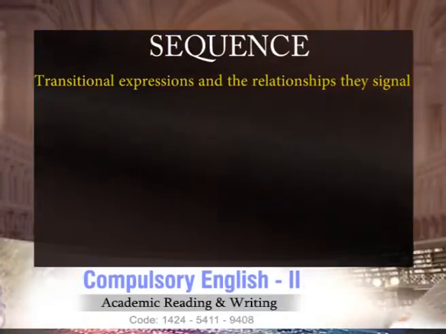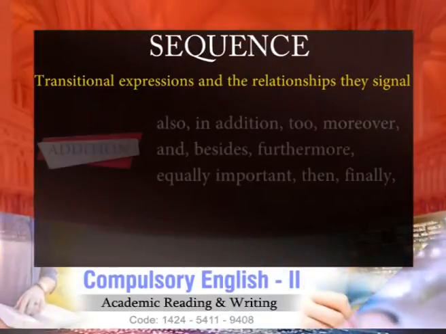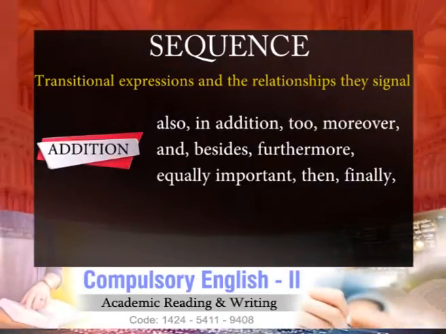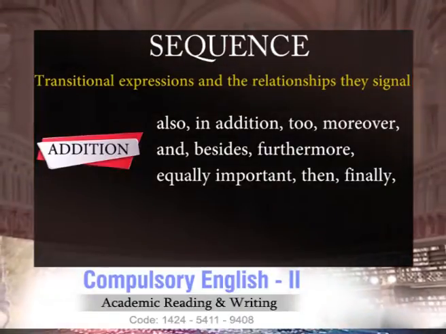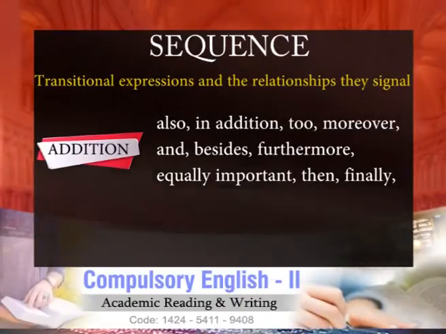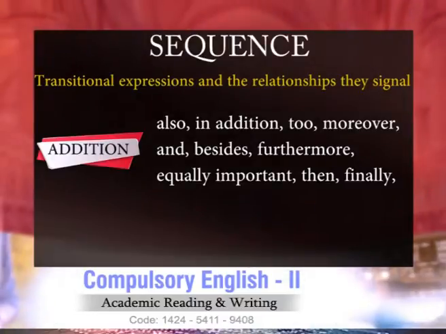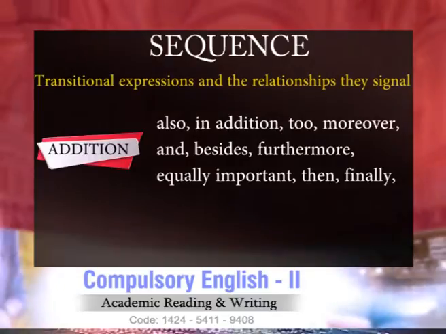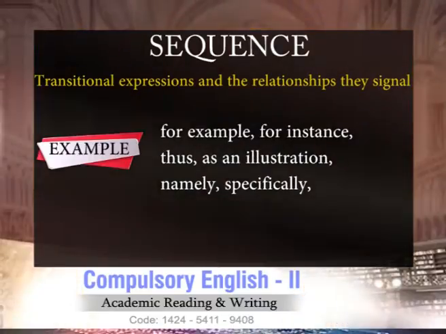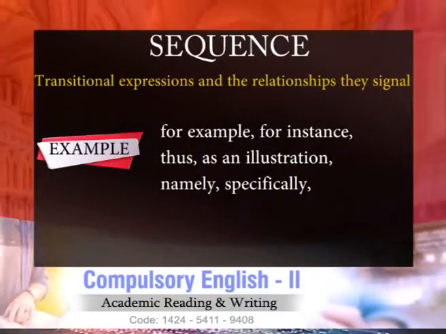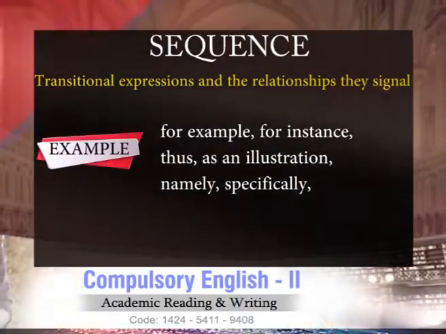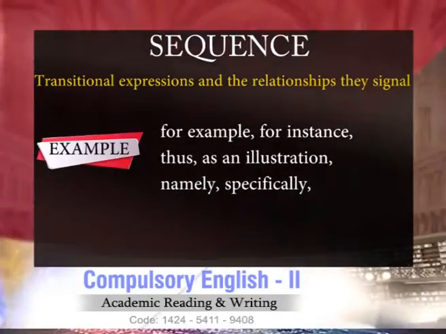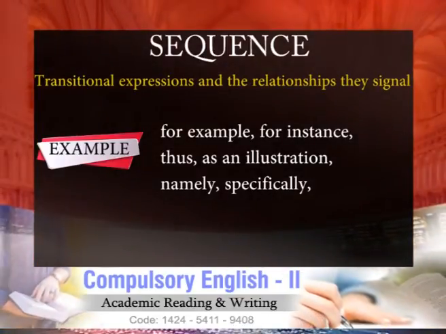The transitional expressions for addition are also, in addition to, moreover, and, besides, furthermore, equally important, then, finally. Transitional expressions for example are, for example, for instance, thus, as an illustration, namely, and specifically.